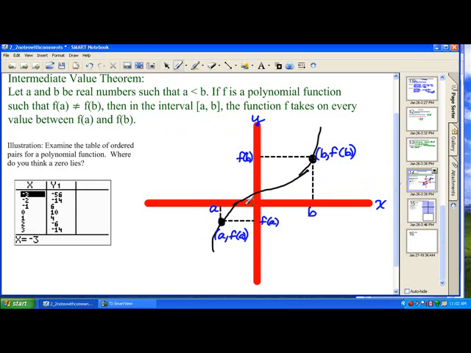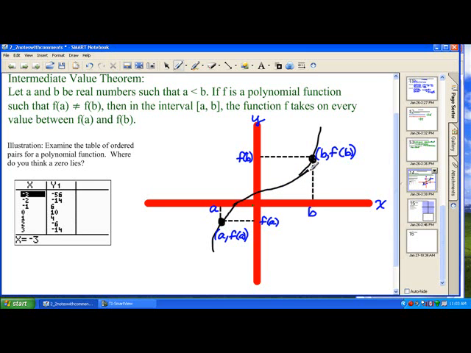We have a polynomial function, so we know it's a smooth, continuous graph, and we know the output values, the y values, are different. So in between a and b, the function f takes on every y value between f of a and f of b.